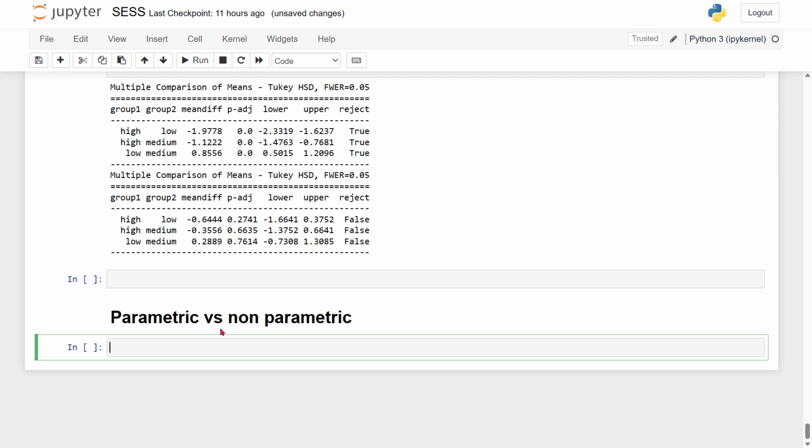Parametric tests look for some specific distribution of the data. Anyway, non-parametric means it does not assume any specific distribution of the data.